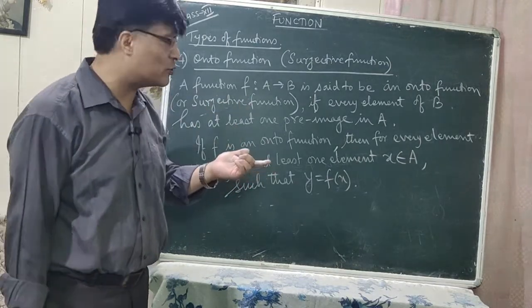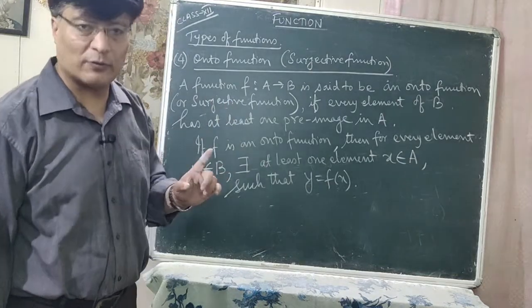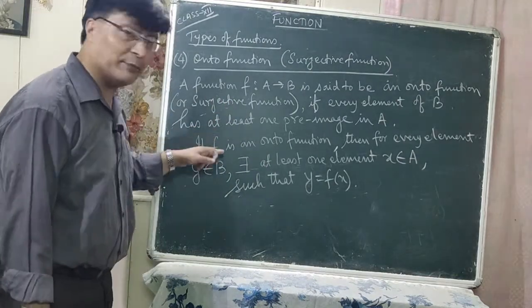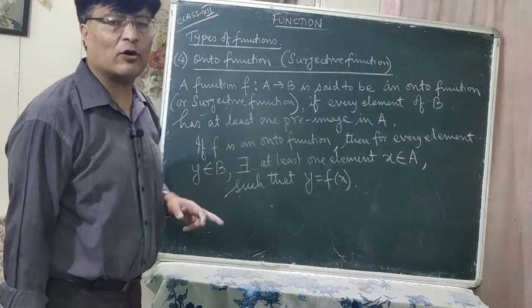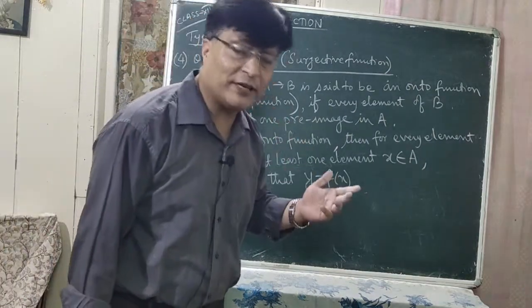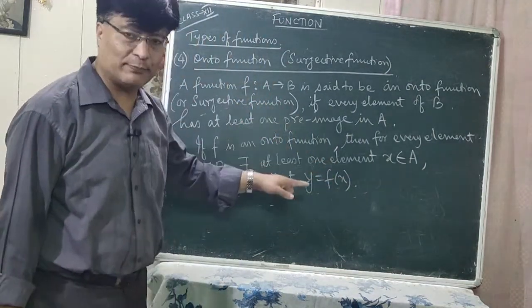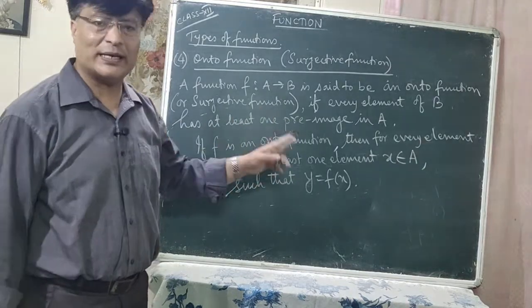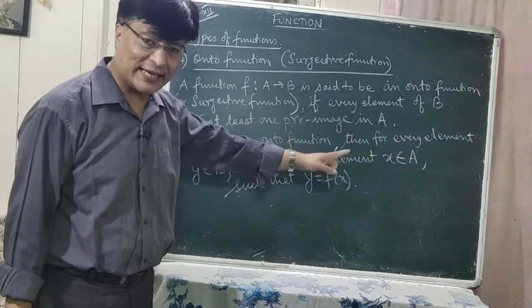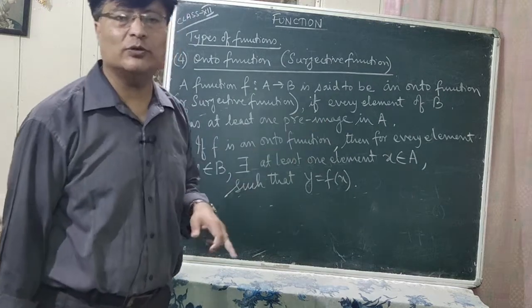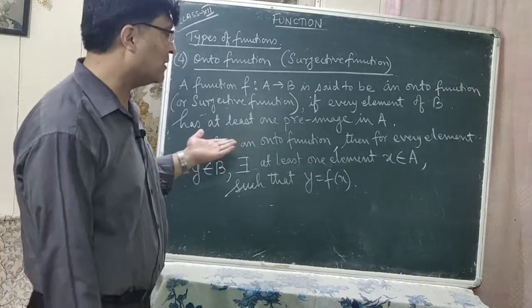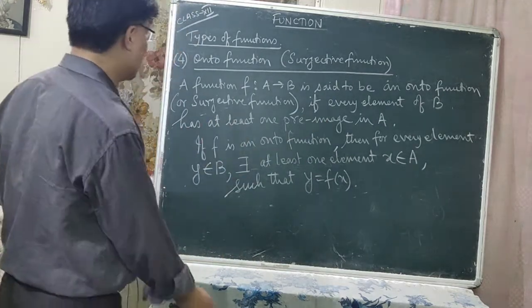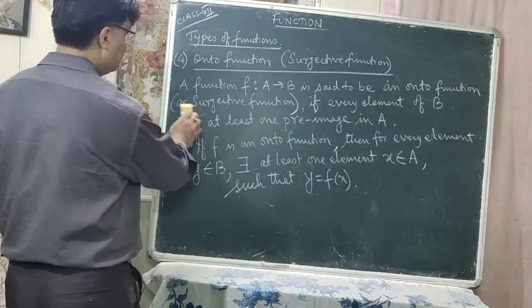If we can prove this, then that function f is one-one. For onto function, we prove this: if f is an onto function, then for every element y belonging to the set B, there exists at least one element x belonging to the set A such that y is equal to f of x. Is that clear?